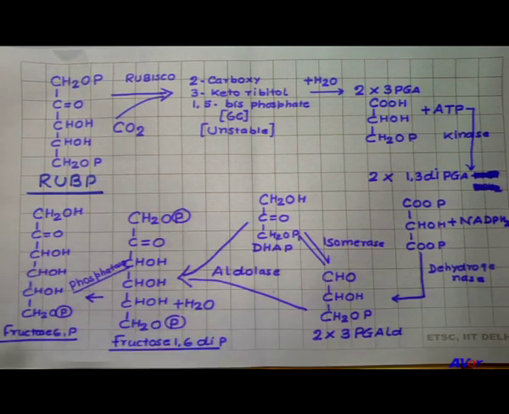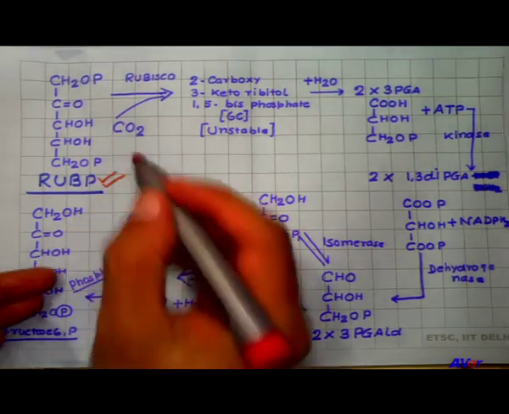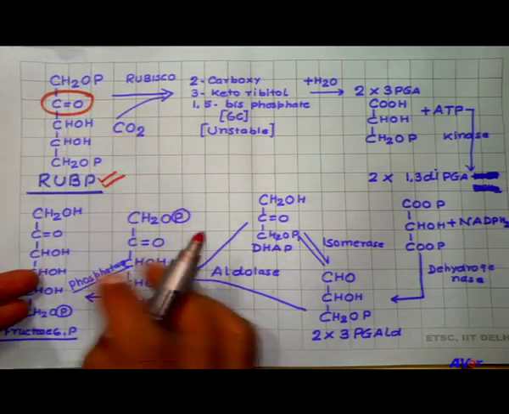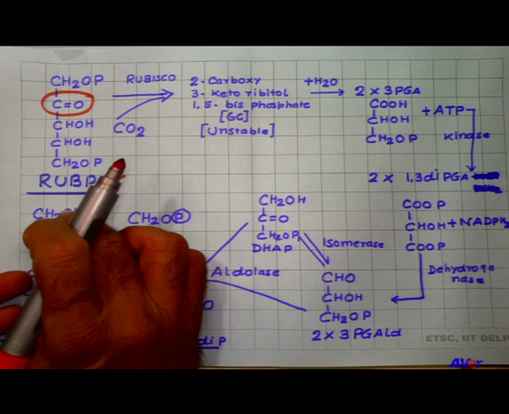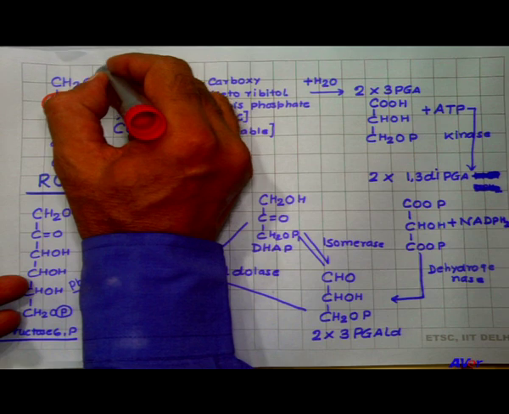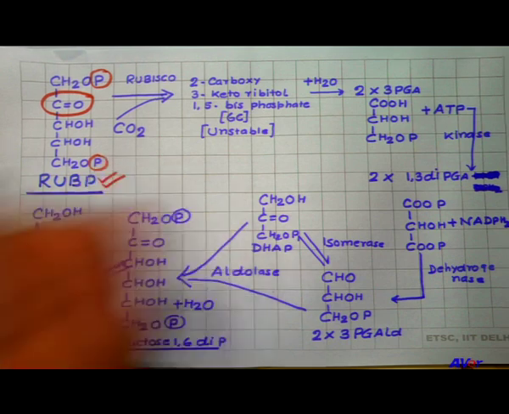this RuBP is a 5 carbon compound, it is a type of carbohydrate in the ketonic form. As the term indicates, 2 phosphates are there, at 1st carbon is 1 phosphate, at 5th carbon is another phosphate.